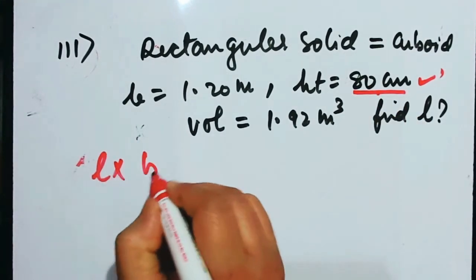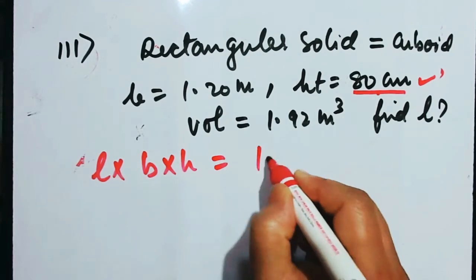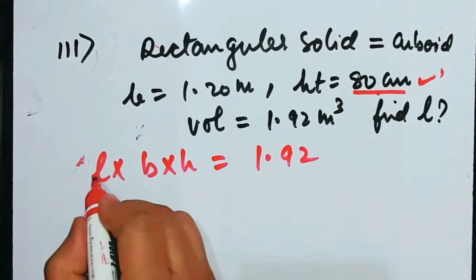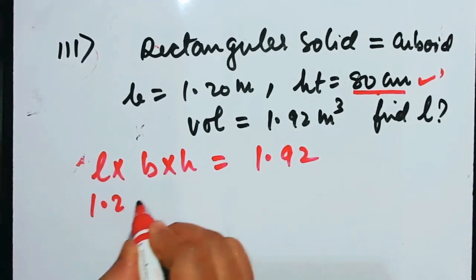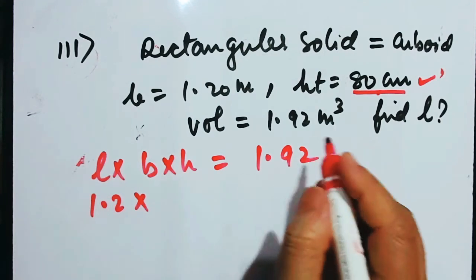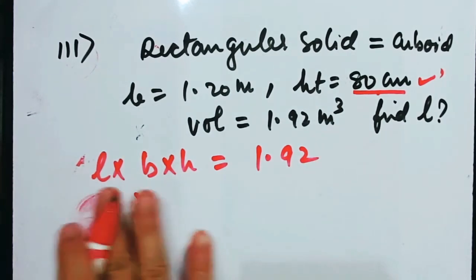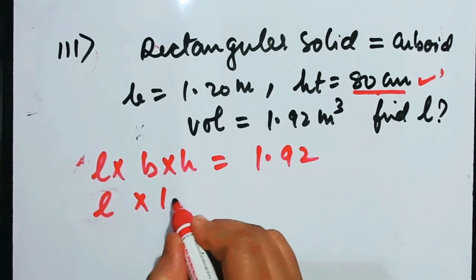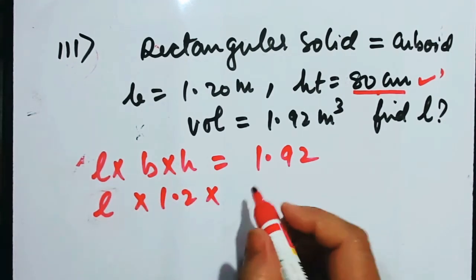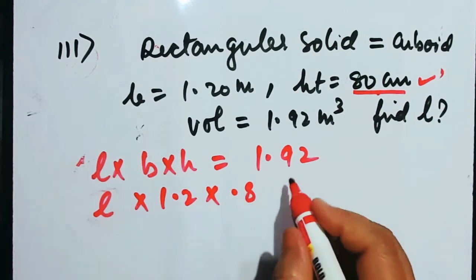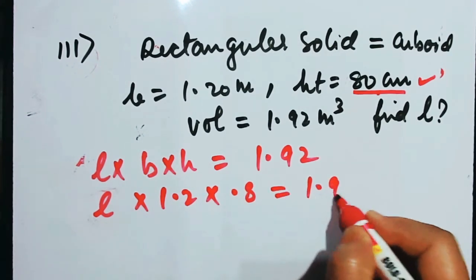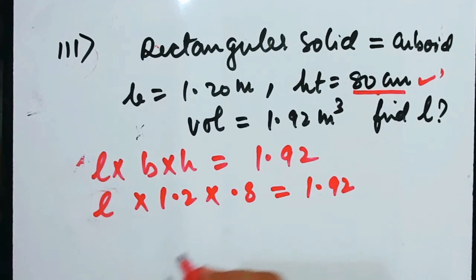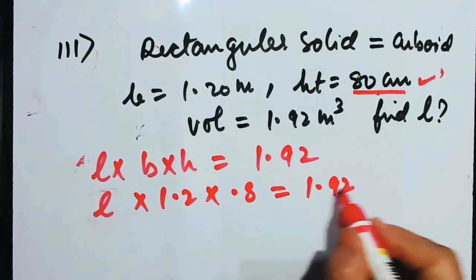Therefore L into B into H is equal to 1.92. L is not given, sorry. L into my breadth 1.2 meter into height 0.8 meter is equal to 1.92. So why not divide 1.92?